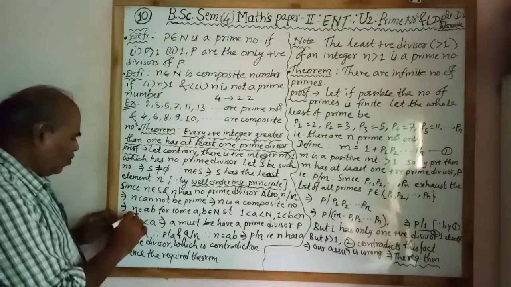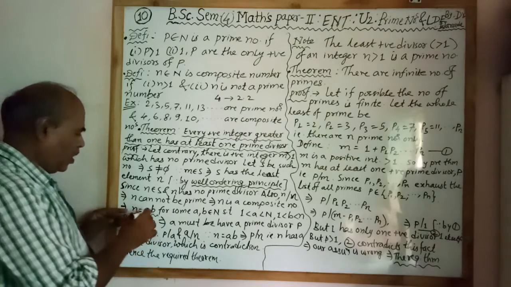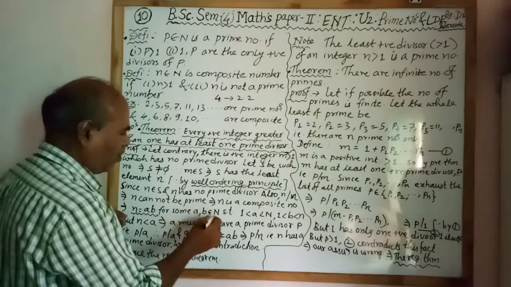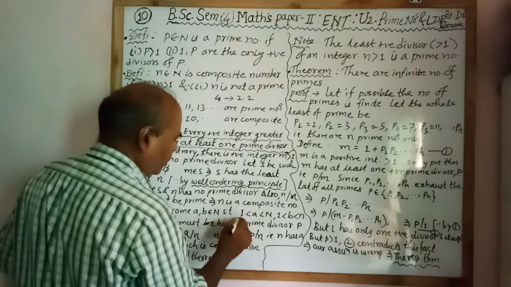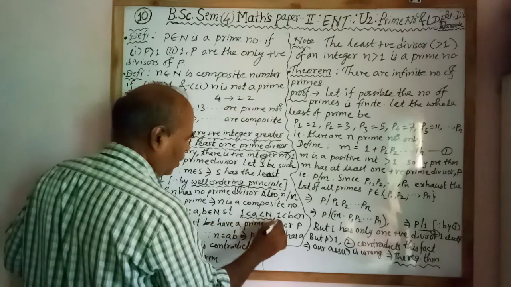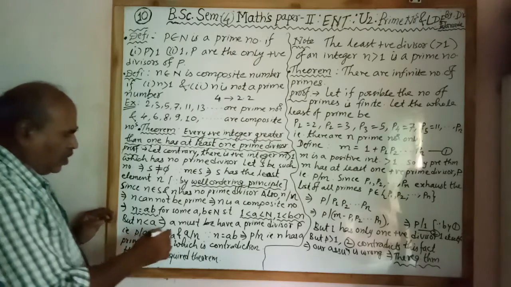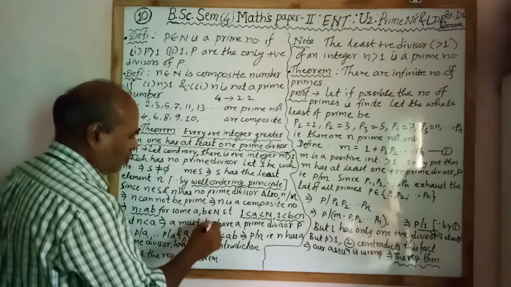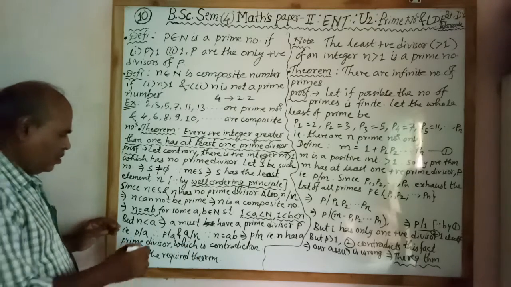Therefore, we can write n equal to a into b, where a and b are the two factors, such that a lies between 1 and n and b lies between 1 and n. But a is less than n, so a must have a prime divisor p, that is, p divides a.